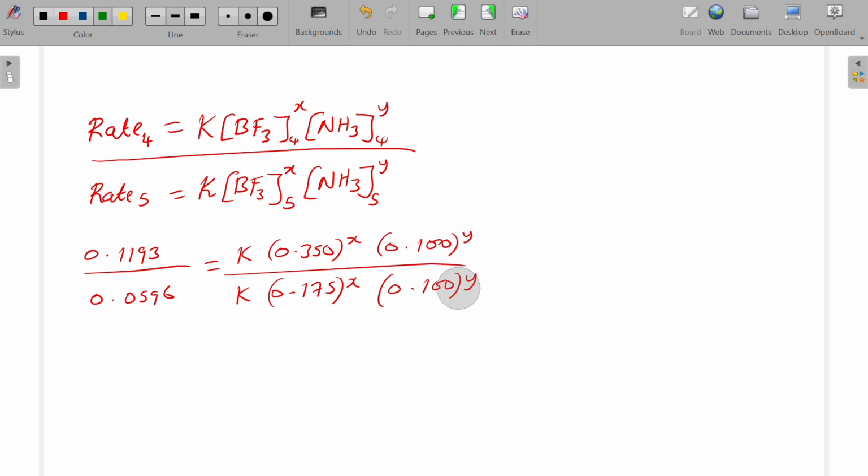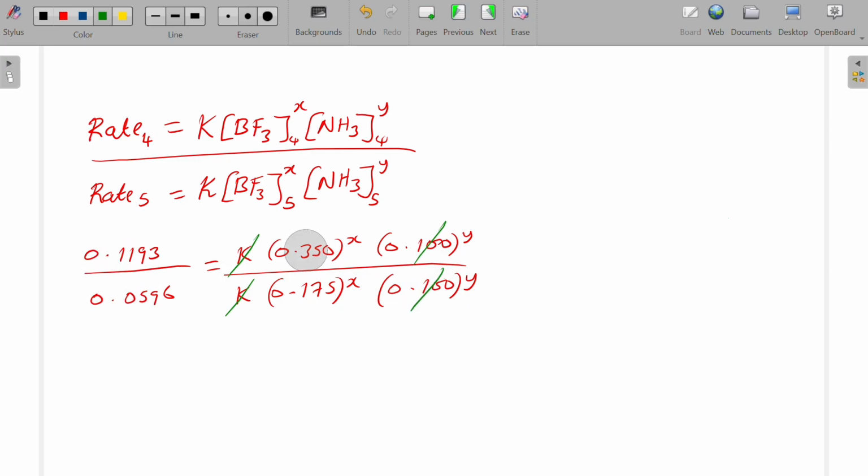The BF3 concentration on top is the same as what we have down here, so these two are going to cancel, and also the K here and the K there are going to cancel. So let's quickly do that.